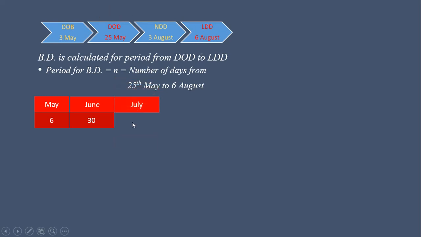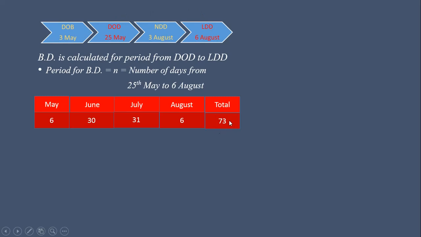Then July is of 31 days. Then we consider the legal due date is 6 August. So we have to consider only 6 days of August. So banker's discount is calculated for this period. And these are the total number of days, 73.